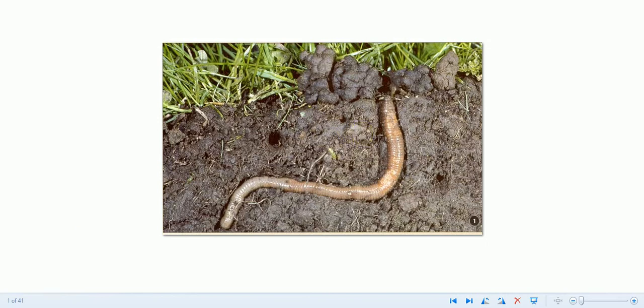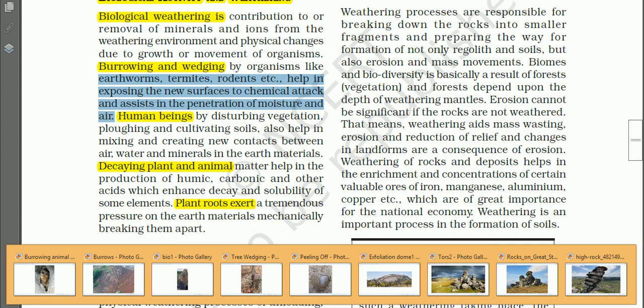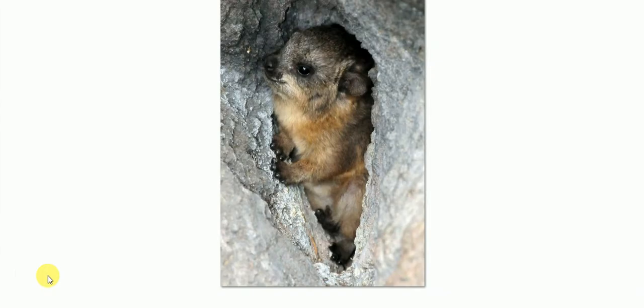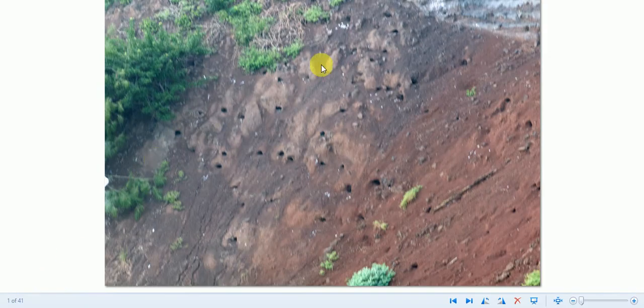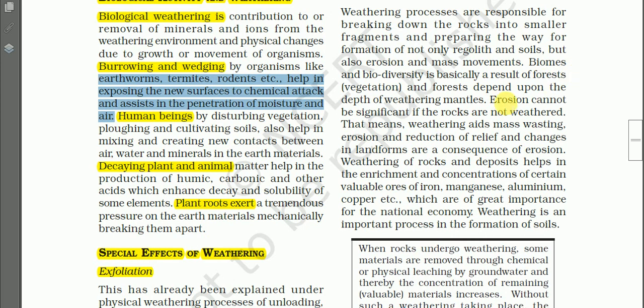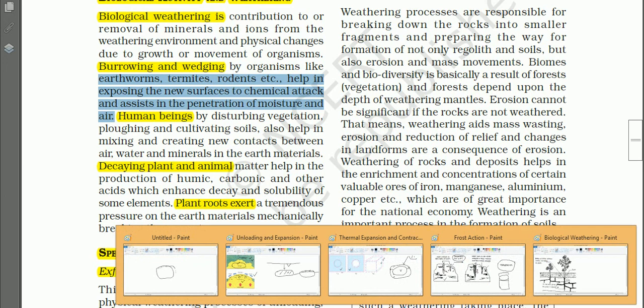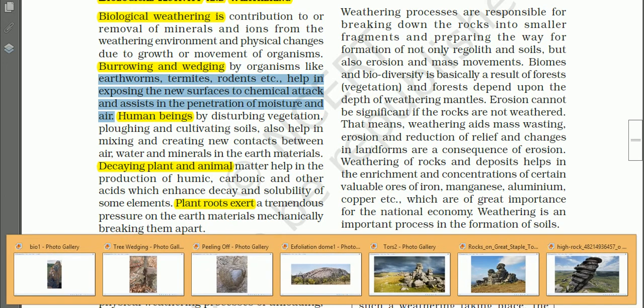Then here, some other burrowing animals are also making holes in the rocks, thus leading to the breaking down of rocks. See here, so many holes are made by these burrowing animals, termites and others. Through these holes water will enter, leading to chemical attack.